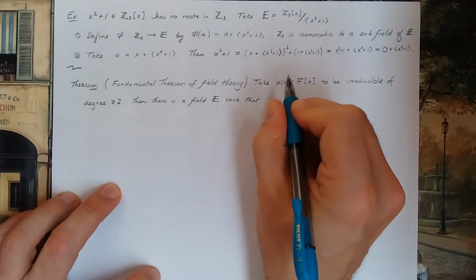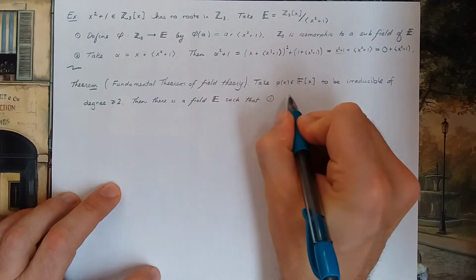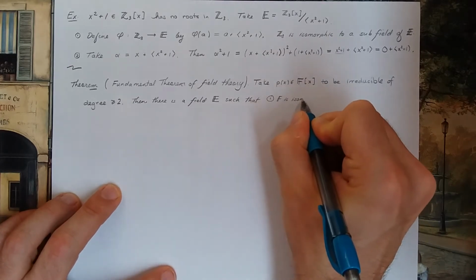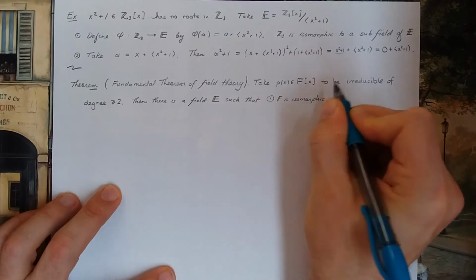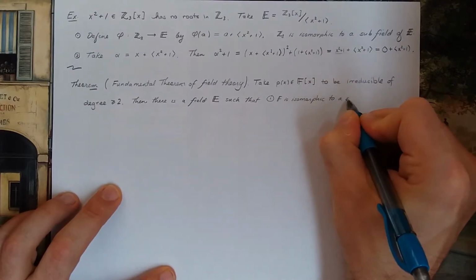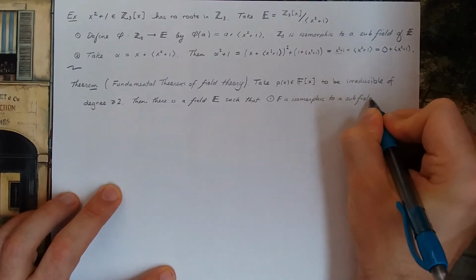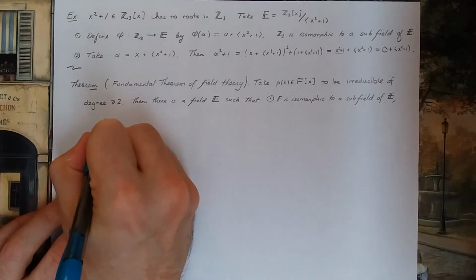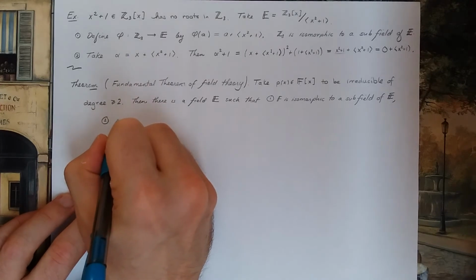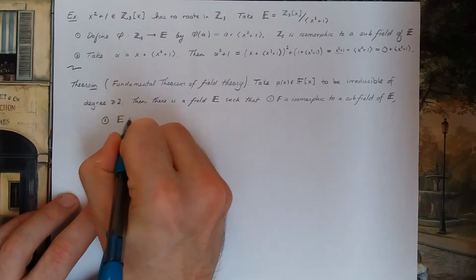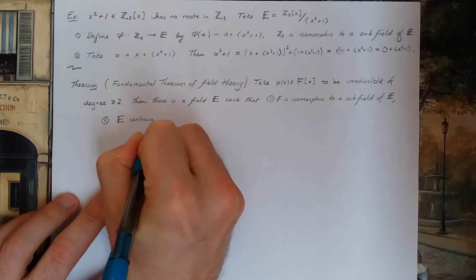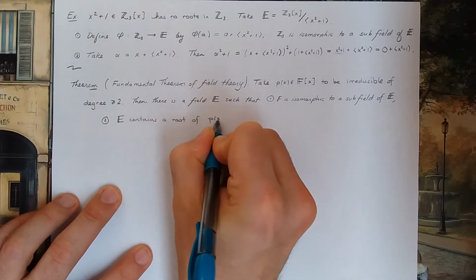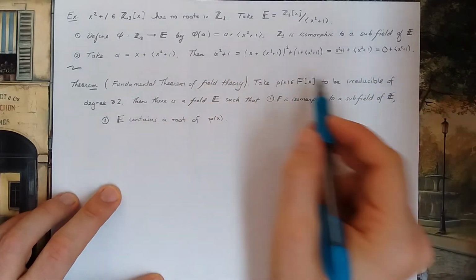Number one, F is isomorphic to a subfield of E, and 2, E contains a root of p of x, just like what we did in our example.